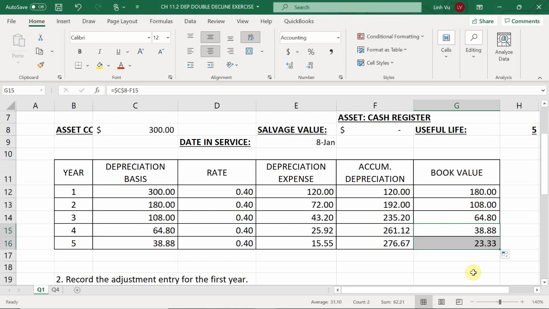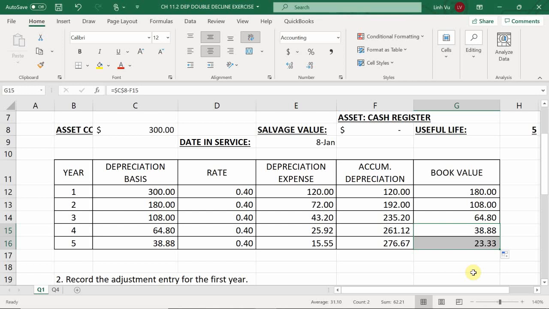Whenever you have a salvage value of 0, you're just going to keep dividing over and over and over. It will eventually reach the very last penny, but that's not going to be for quite some time. Now, again, if you have the estimated useful life of 5 years, sometimes when you reach the end of its life, it's valued at $23.33.